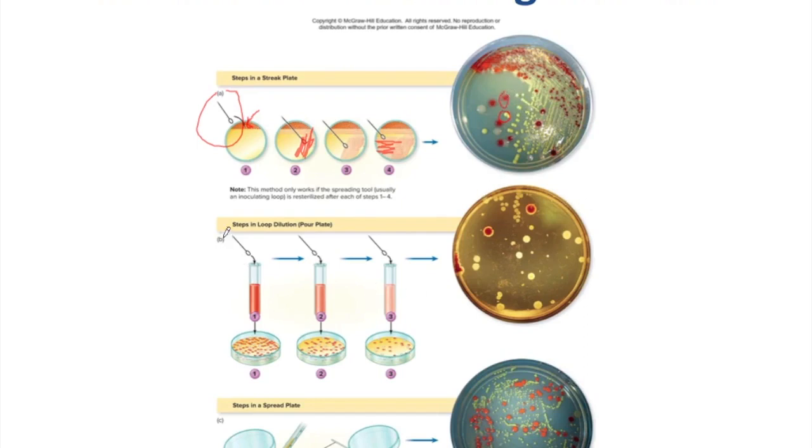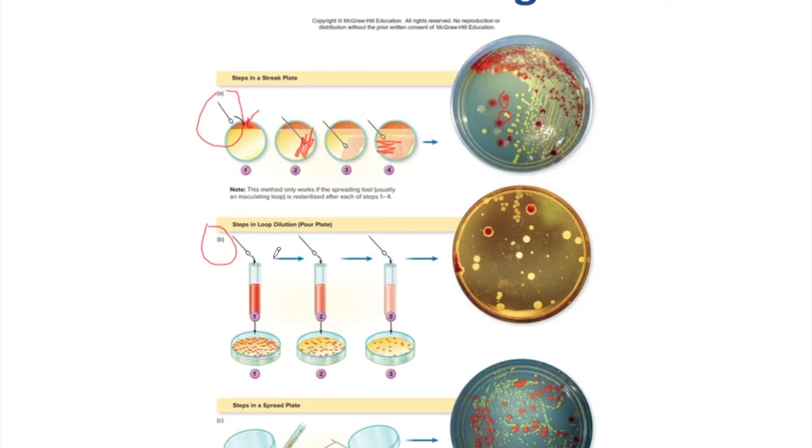We can also do the type B. We use the liquid media in the tube. So we use the loop to catch the inoculum and dip the wire into the liquid in the tube, and then dump the liquid media to the flask.